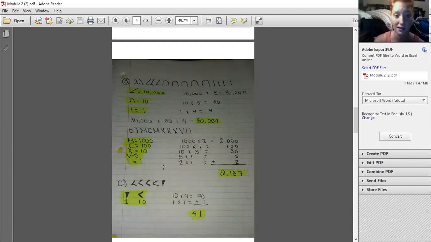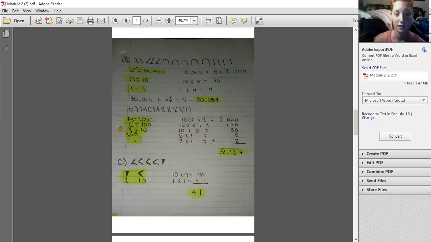So the next one, we're trying to do the same thing. We're trying to find digits from the Roman numerals. So it gives you Roman numerals. You need to find the number that it comes out to be. So there are 2 M's, there's 1 C, there's 3 X's, there's 1 V, and then there's 2 I's.